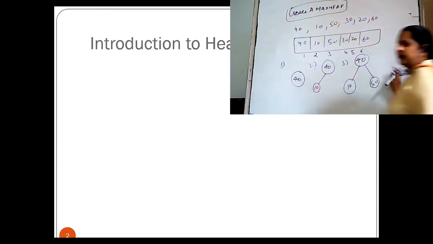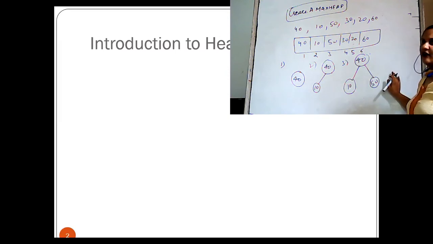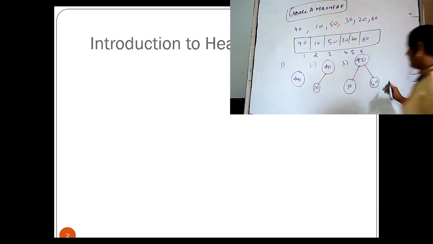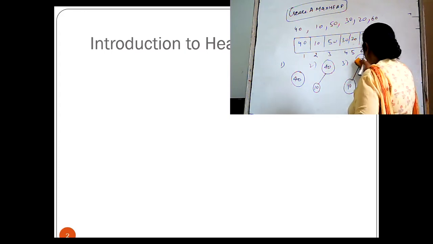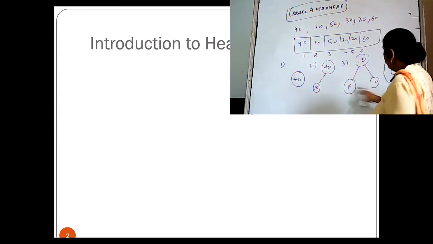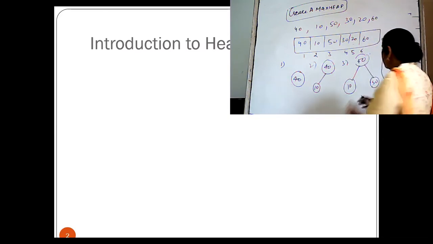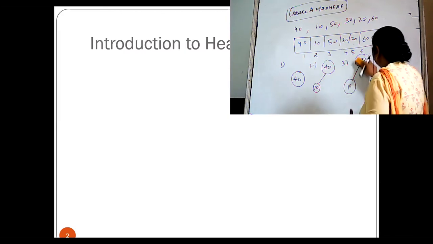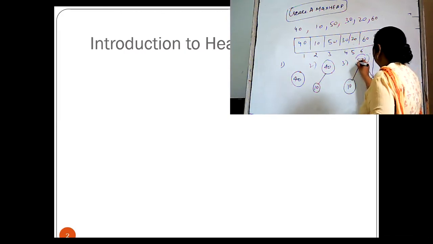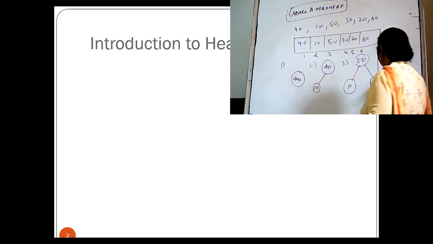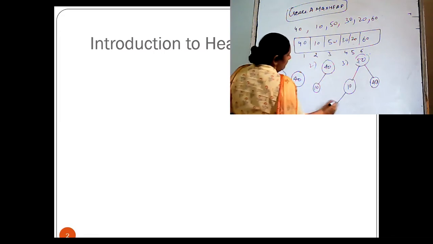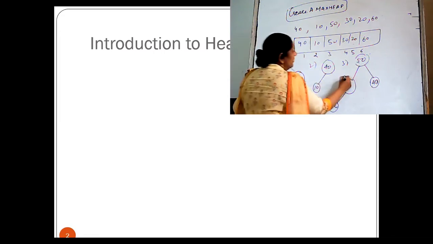Either you heapify it here or I have shown you the PPT, you can heapify there. So we can heapify since 10 and 50 are there. So 40 is smaller than 50 and 50 is also greater than 10. So swap 50 and 40. Now 30 is there. 30 is at position number 4. So it is left child of node number 2.